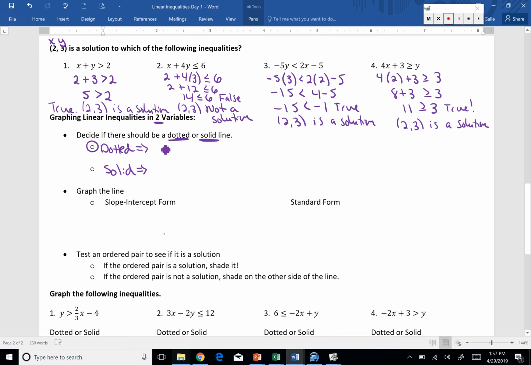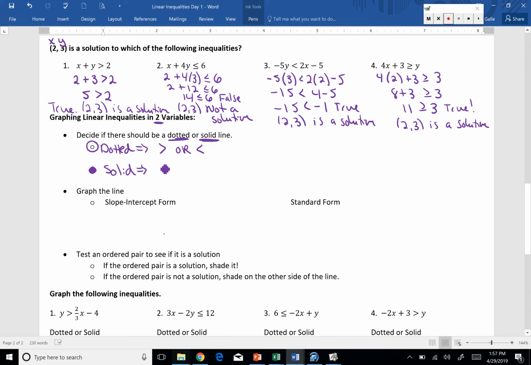So a dotted line is going to be when we just have a greater than or just a less than, when there's no equal to. We can't just leave a boundary line wide open like we could an open circle. So a dotted line is the equivalent of our open circle. Our solid line is our equivalent of a closed circle.